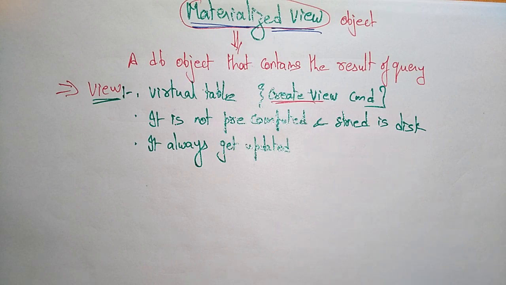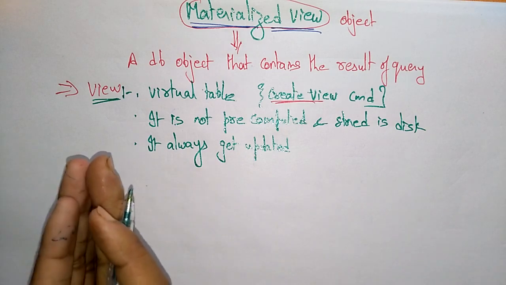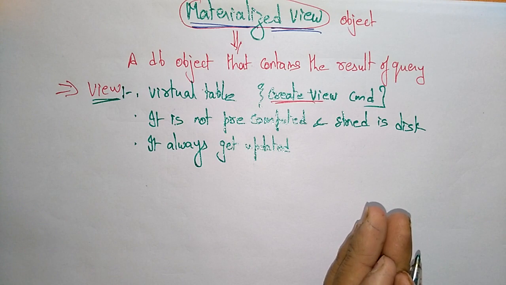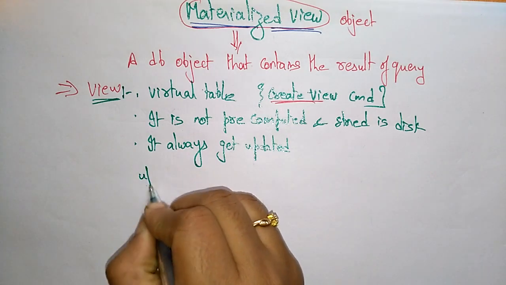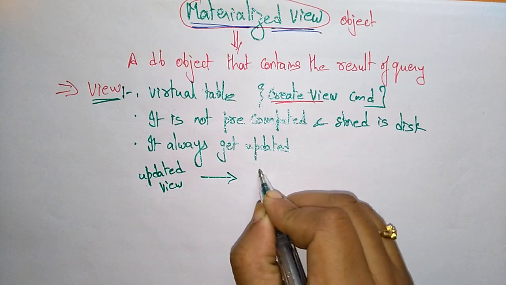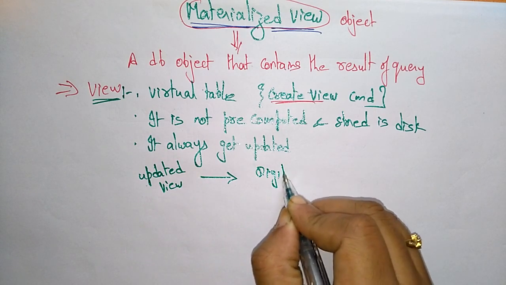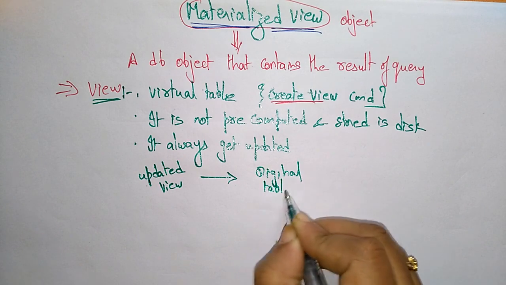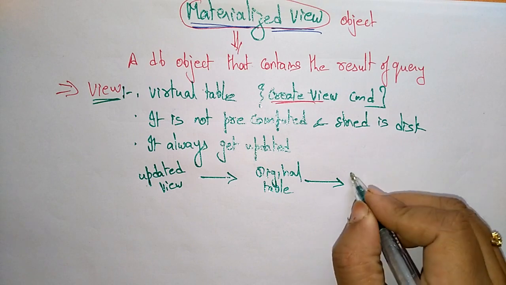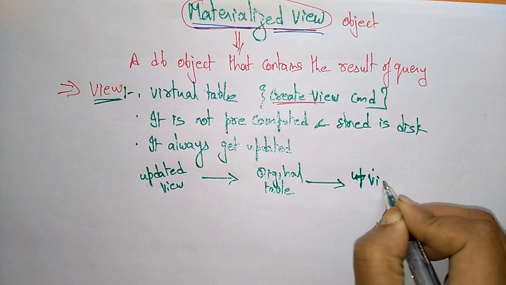So the content in the view is updated and is reflected to the original data. Whatever data is updated in the view will be reflected to the original table, and whatever is updated in the original table will be reflected to the view.